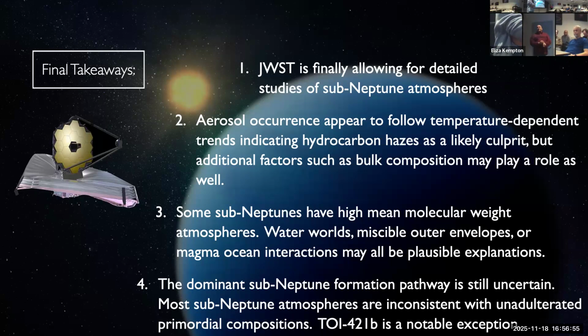Oh gosh, smoking gun is still hard because you need the context. Even if you see oxygen, like O2 in an exoplanet atmosphere, or O3, you still need the context of what else is in that atmosphere.